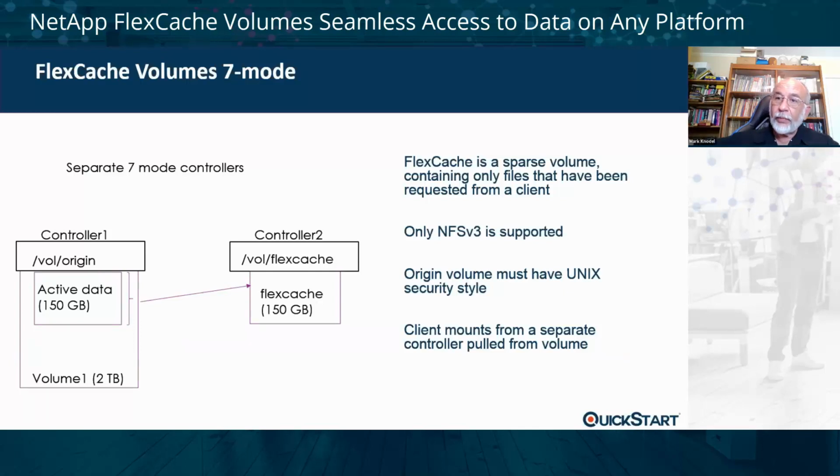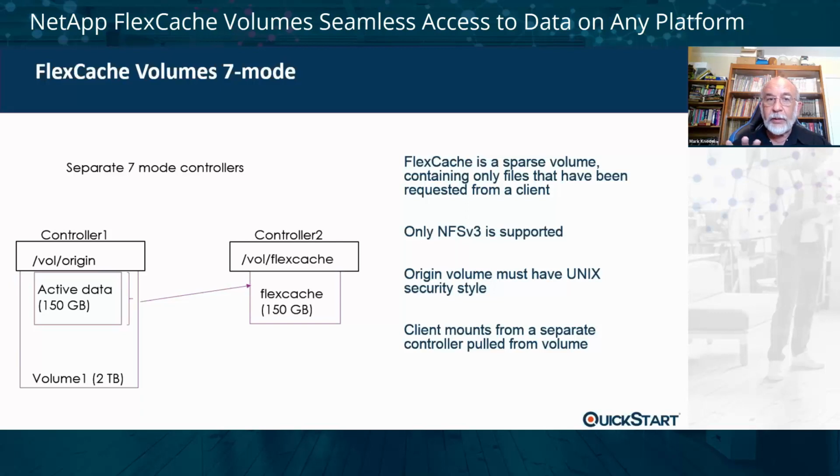And so the users that are accessing that data through the cache only need to have enough space in the cache to support that active data set. And so that's what you see out here. That FlexCache volume in this case might be only 150 gigabytes, fronting essentially an aggregate or a volume that has 2 terabytes.